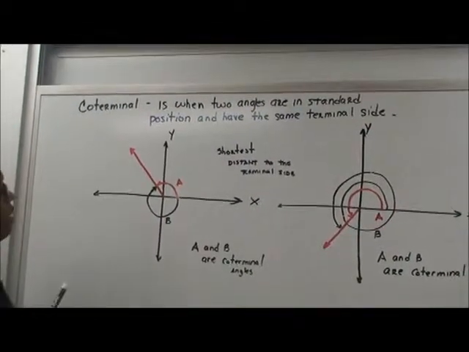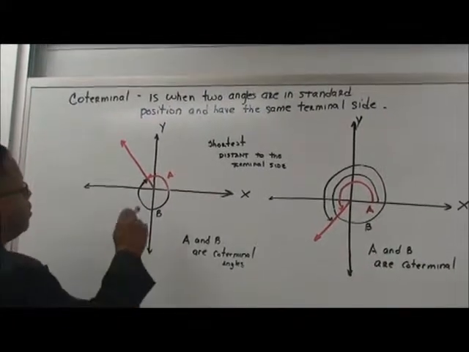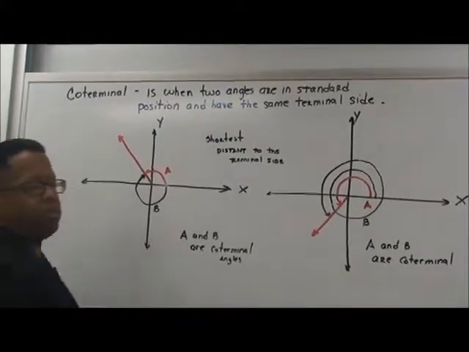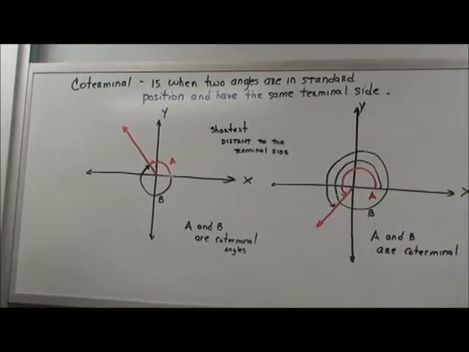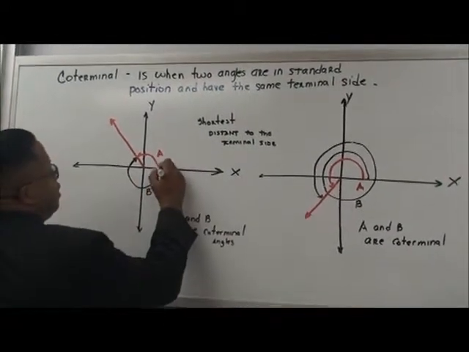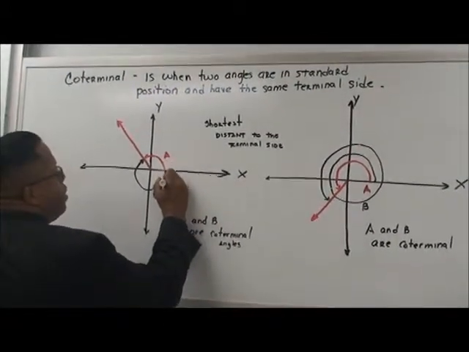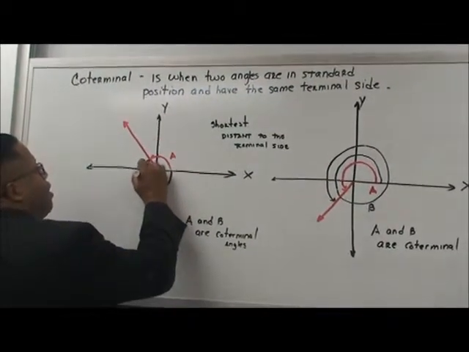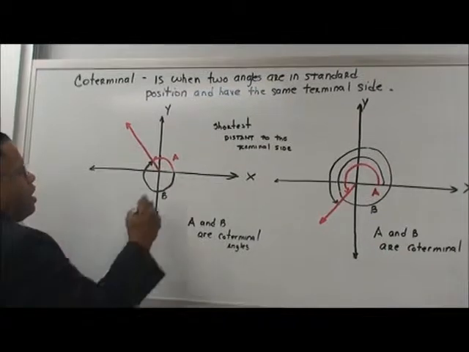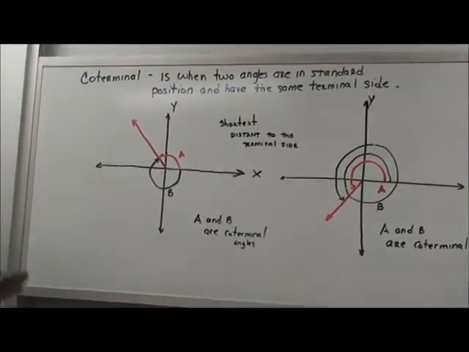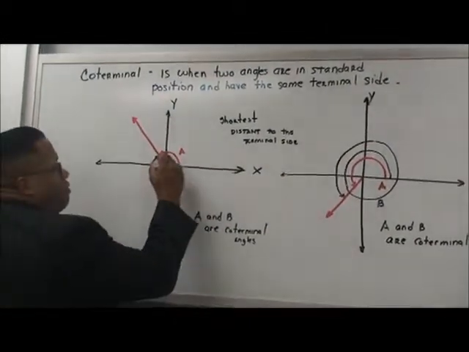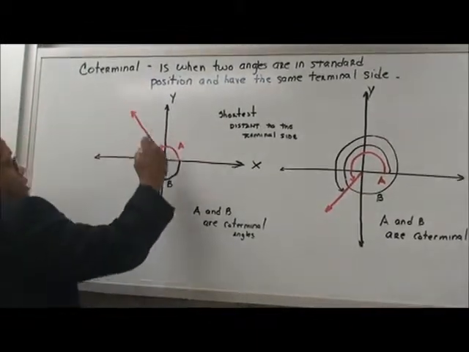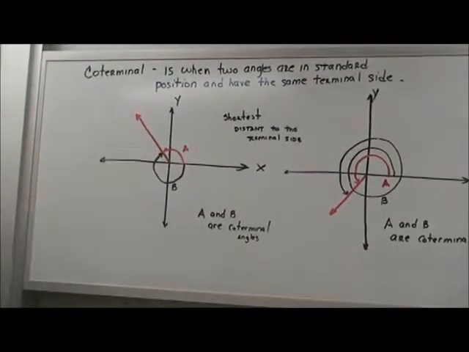Now, if you look at this angle here, remember we talked about the initial side and terminal side. Starting from here and going in a clockwise motion, we stop right here, and we have an angle shooting out into the second quadrant.